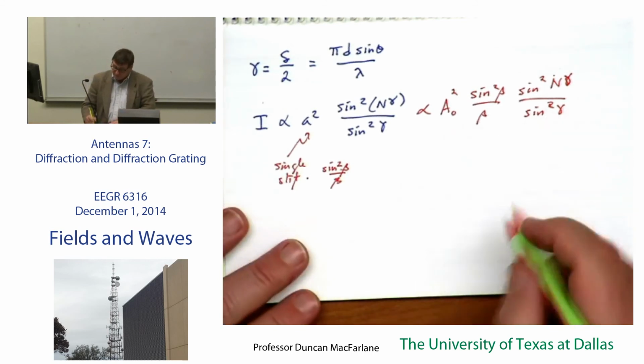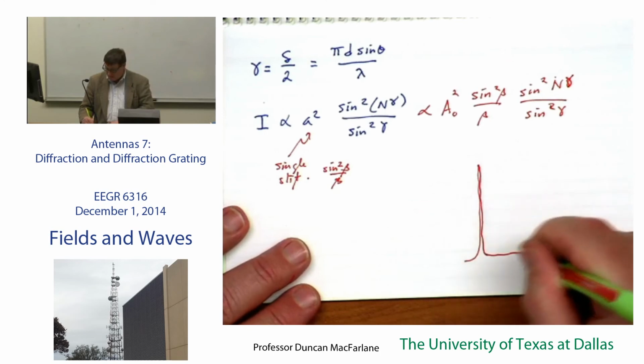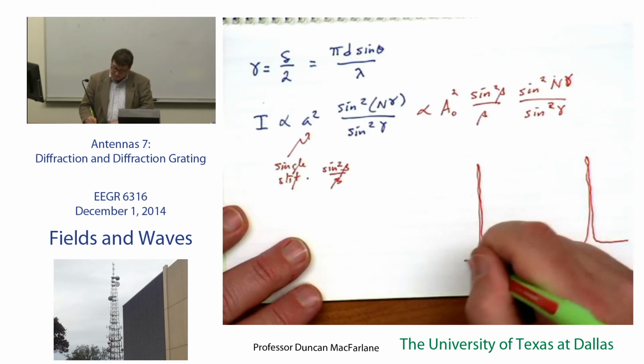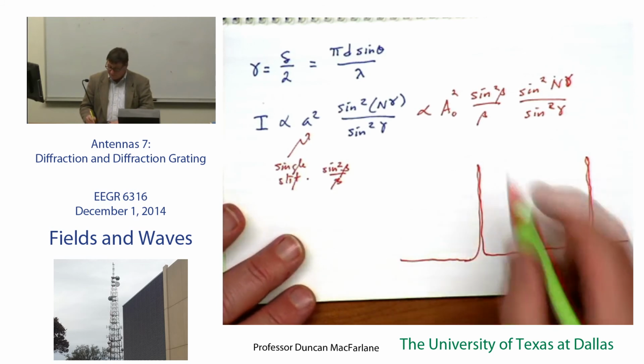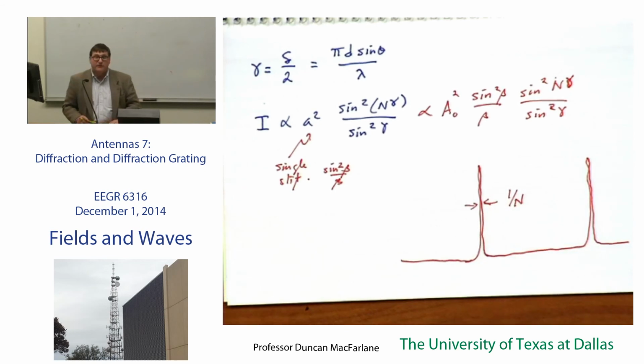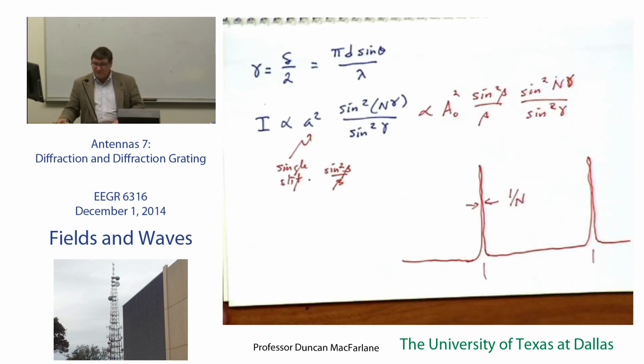And if you plot this, you get very, very sharp spikes that repeat in time with beta.